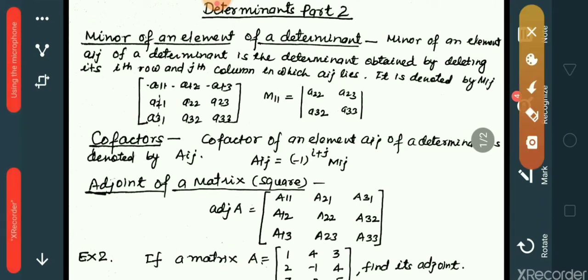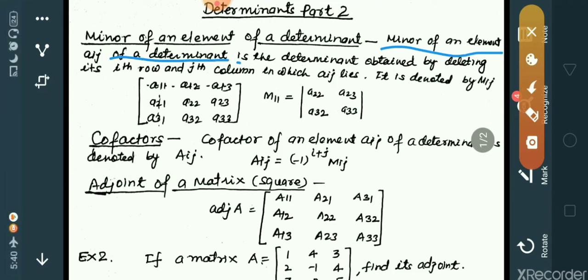Minor of an element Aij of a determinant is the determinant obtained by deleting its ith row and jth column in which Aij lies. It is denoted by Mij. Here M will be capital.